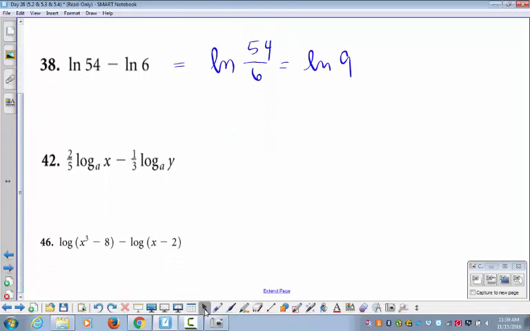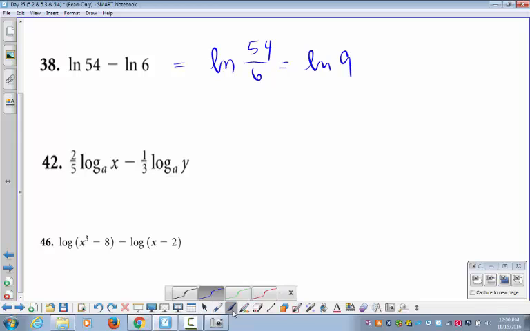So this one, if we want to combine it, before we can do the division, the difference of logs will turn into division, but we have to get those coefficients out of the way first. So for these ones, we're going to have to rewrite this as log base A of x to the 2/5 minus log base A of y to the 1/3.